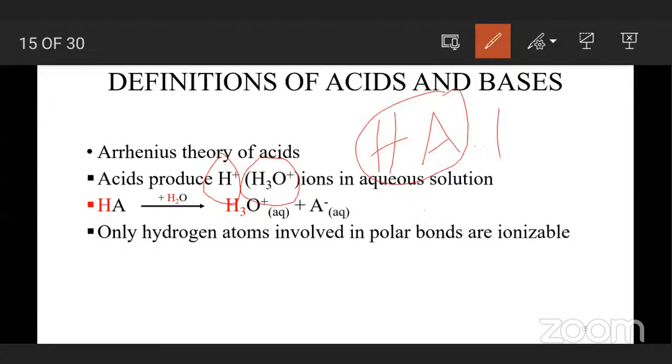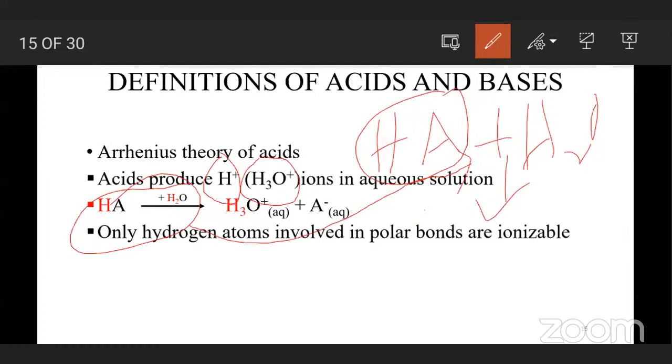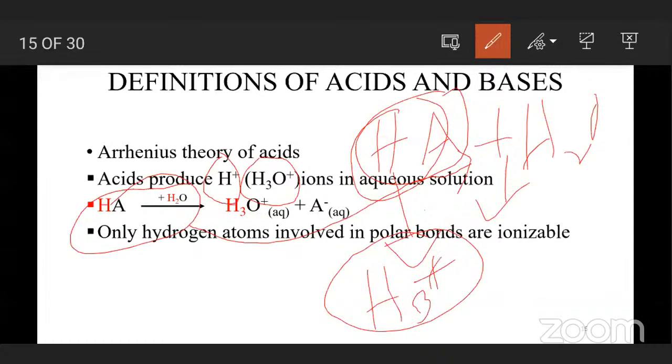If you dissolve it in water, just like what we have here, you observe that the hydrogen ion will be free in solution. But it won't just be a hydrogen ion in solution. It will exist as H3O+, that's the hydronium ion in solution. And then you have the anion present in the solution.